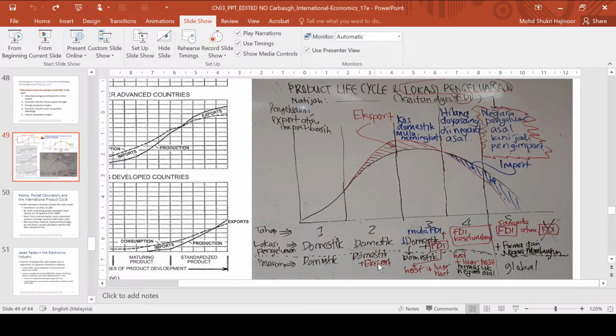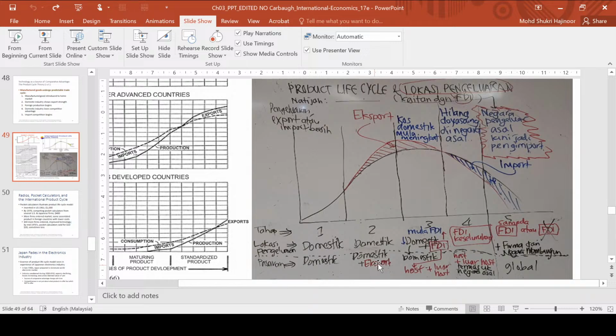Phase 3, the cost of production began to increase in the country. So now it makes sense to go overseas to produce through FDI. So start FDI, foreign direct investment, because domestic cost has increased.